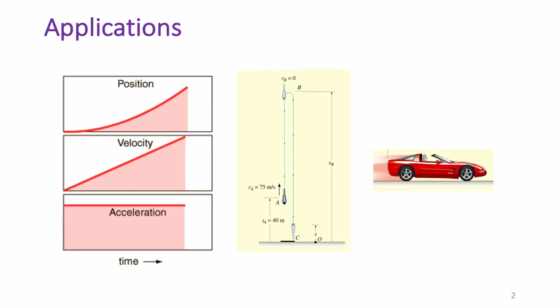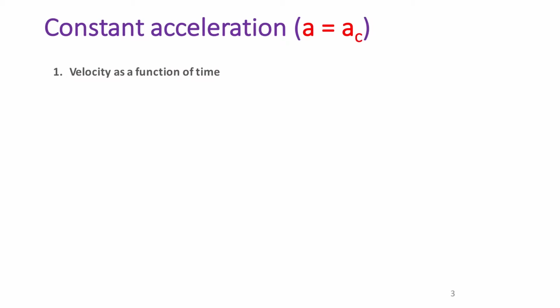In another example, we can have a car moving in a rectilinear path, but the acceleration of this car is constant. So, for example, we can say that the acceleration is 10 meters per second squared.